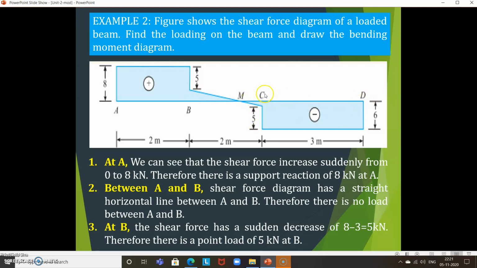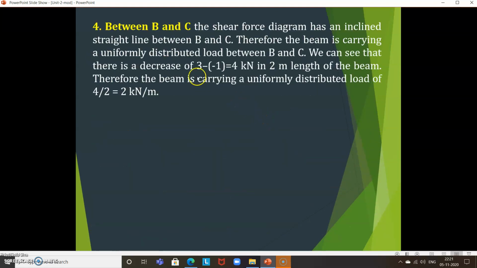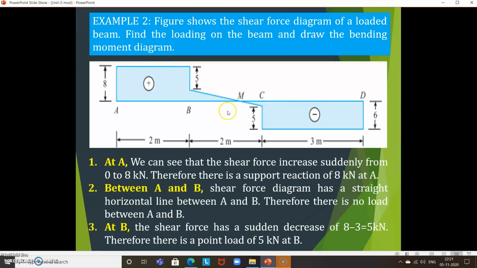The total is 6. So there is a decrease of the shear force from 3 to minus 1, and 3 minus of minus 1 becomes 4 kilonewton.